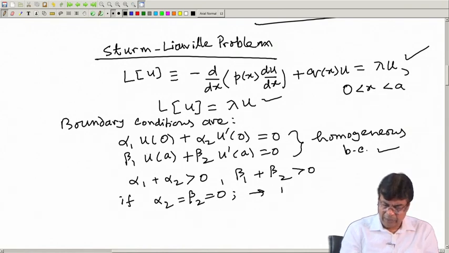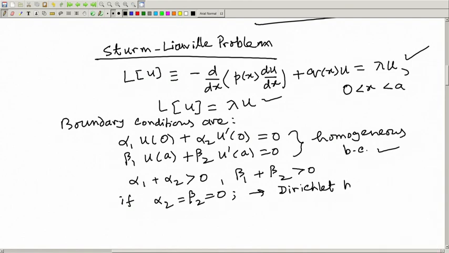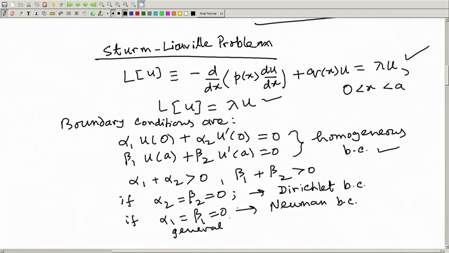This is called the Dirichlet boundary condition. And if alpha 1 and beta 1 are both 0, this is called the Neumann boundary condition. And if both are present, the general one, we can call that the Robin boundary condition.